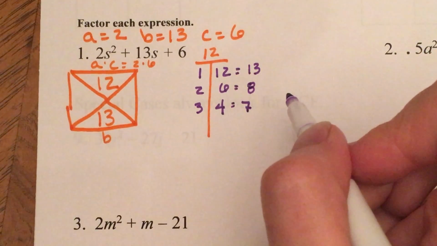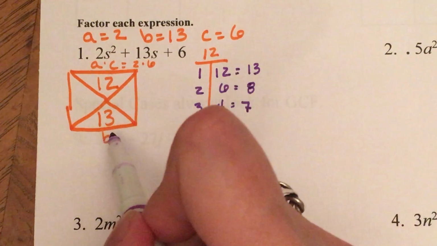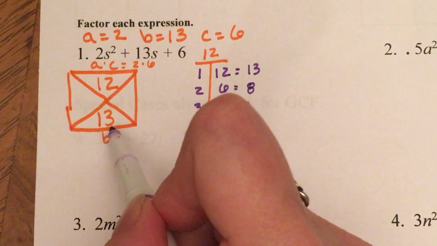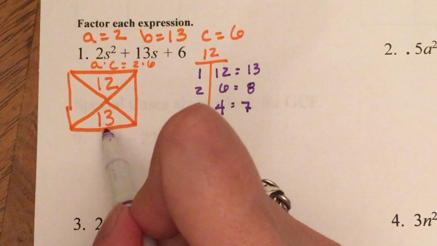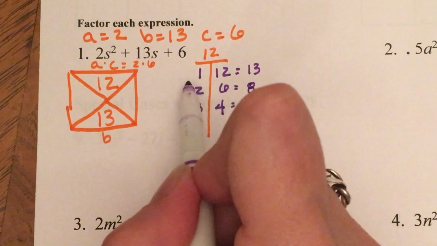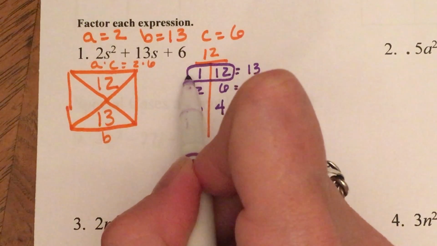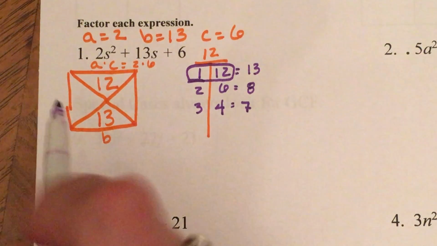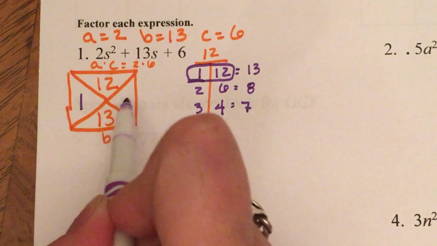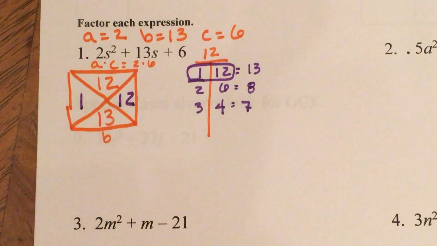Okay. So here I go back, just like we did before, and say I need a value of 13. There it is. This is the pair of factors that I need for the wings, 1 and 12.